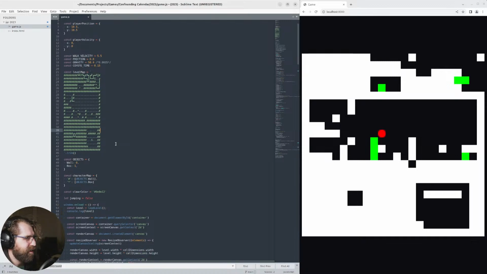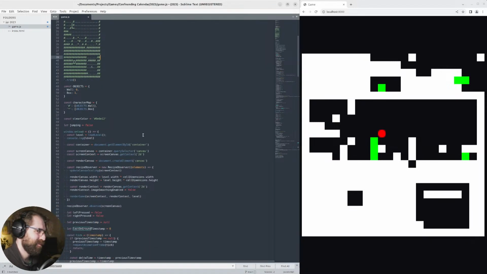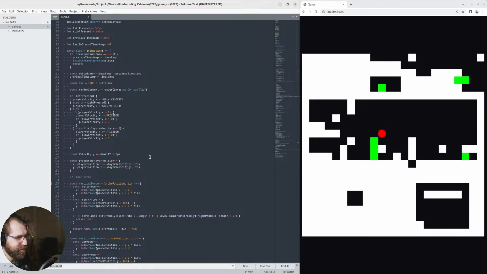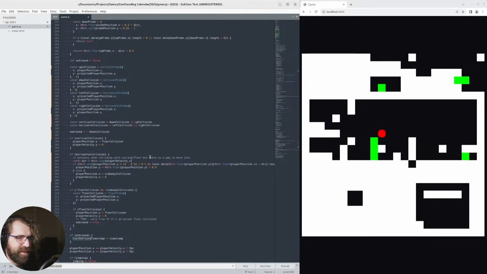So I'm fine with it being pixels per second. Tiles per second would probably be the most natural way to do it, but they're all just arbitrary numbers anyway, so whatever.